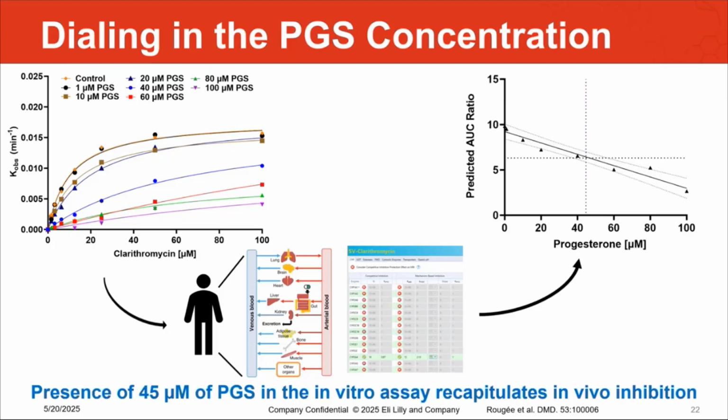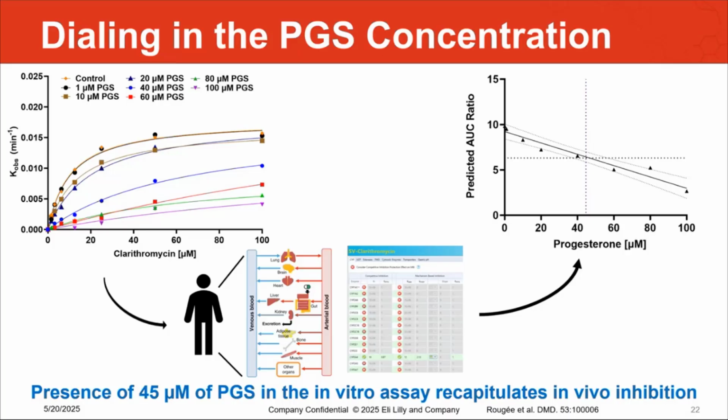And then we predicted, under the conditions of varying concentration of progesterone, TDI kinetics, what the AUC ratio would be, and then determined that there was a linear relationship, that as you increase the concentration of progesterone, you have a linear relationship in the loss of the AUC ratio.